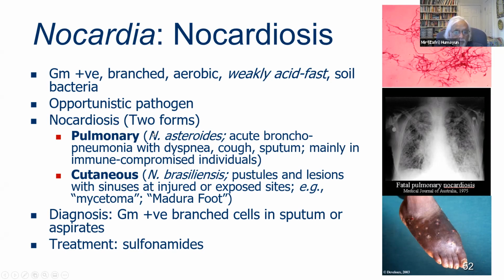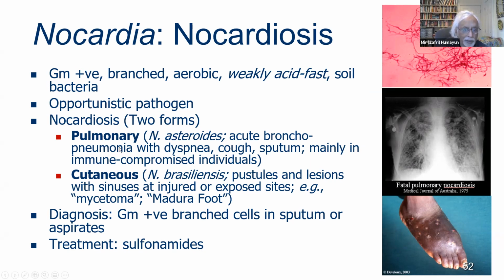The pulmonary form, caused by Nocardia asteroides, causes a bronchopneumonia with dyspnea, meaning shortness of breath, cough, and sputum, mainly in immune compromised individuals. So, Nocardia asteroides mostly infects immune compromised individuals.